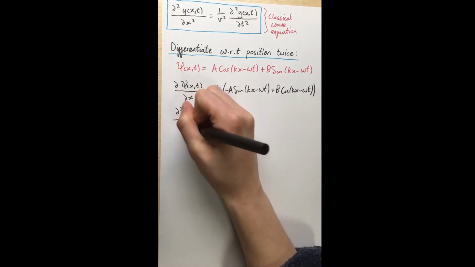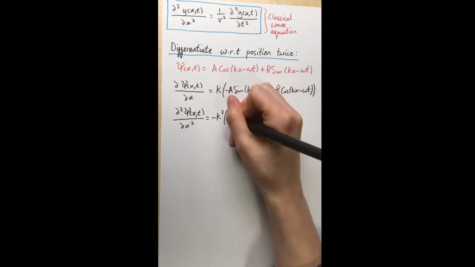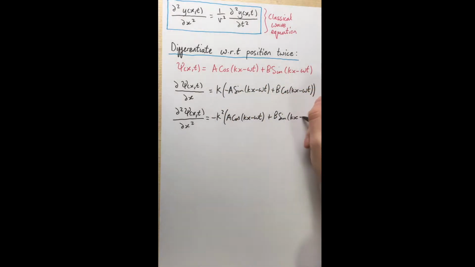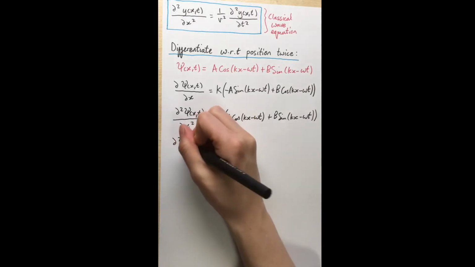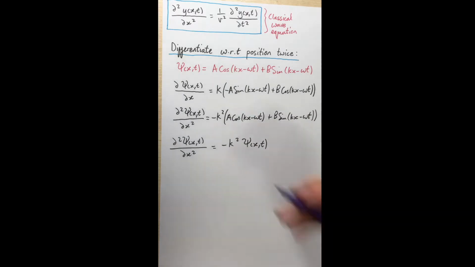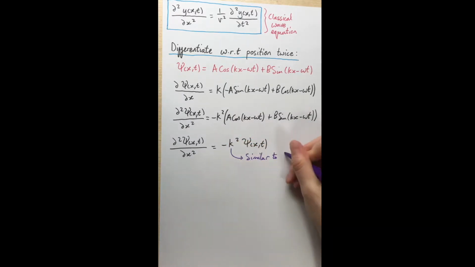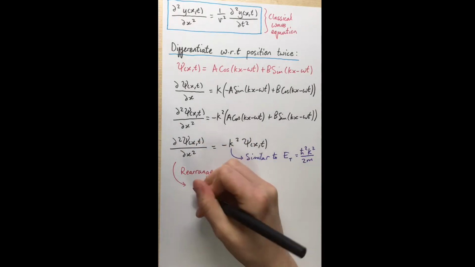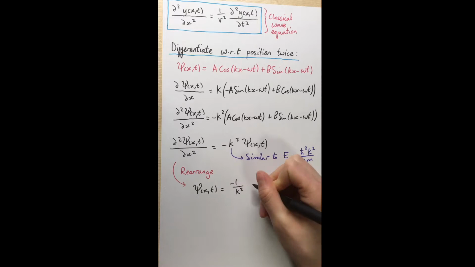When we differentiate again, we find a factor of minus k squared, multiplying our original wave function. Now, we have a factor of k squared, which is similar to the kinetic expression of the total energy. So let's rearrange this just to get the wave function on its own.